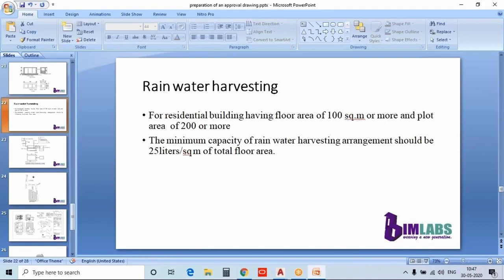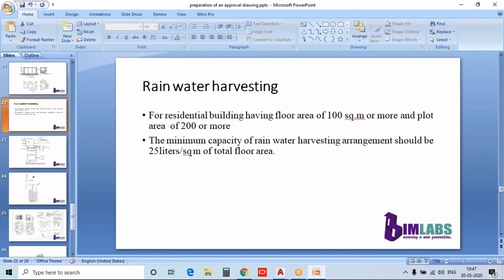And notice that it is 25 liters per square meter, so you have to convert that floor area to meter square if it is in square feet. If the building is of 2000 square feet, the meter square will be approximately 185 meter square.